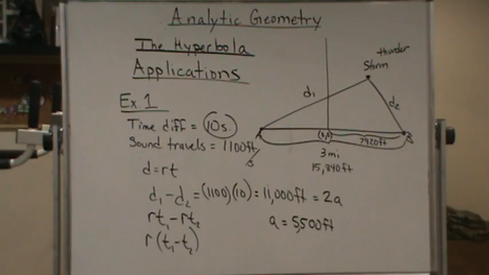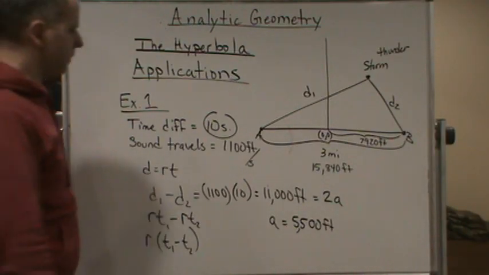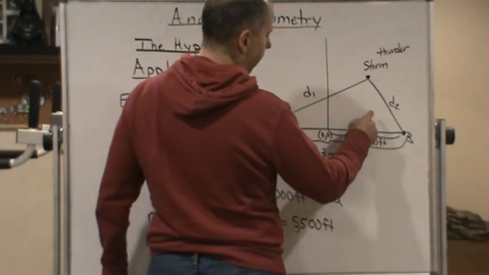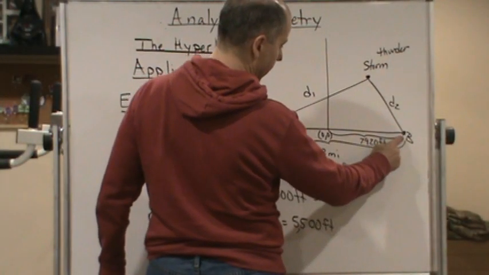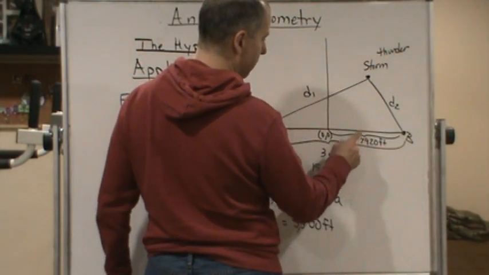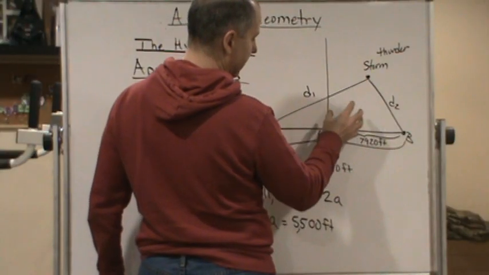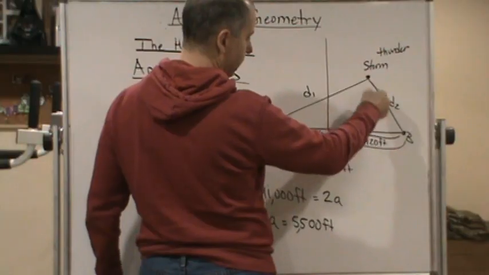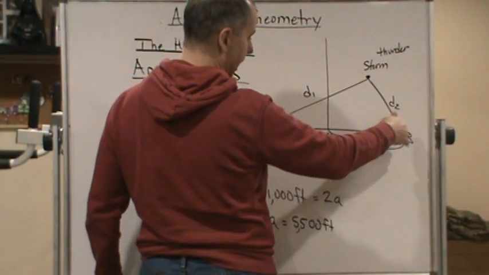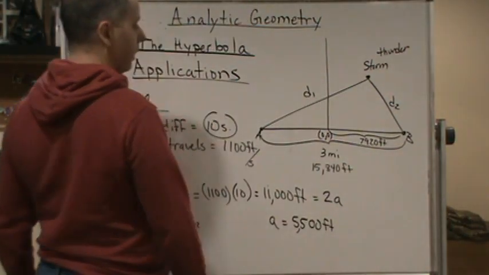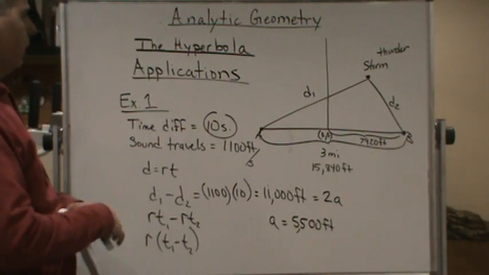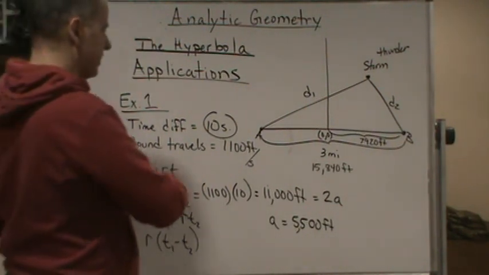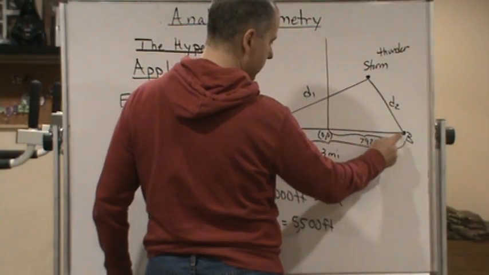Yeah, so they want us to find the equation of the hyperbola for the sound where A and B are the foci of the hyperbola, and that using the time difference, the place where the thunder occurred has to be somewhere on that hyperbola, okay? So that's what we're dealing with. So this is the distance from the center to this focus.